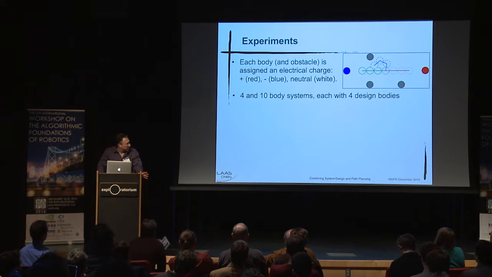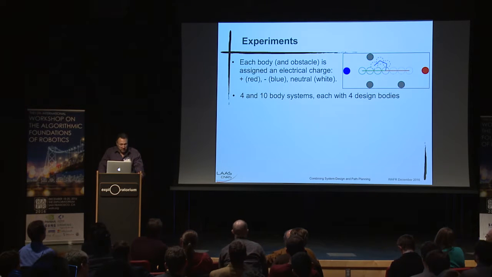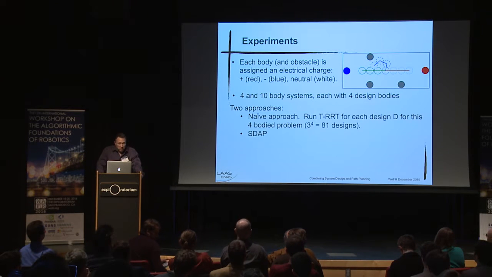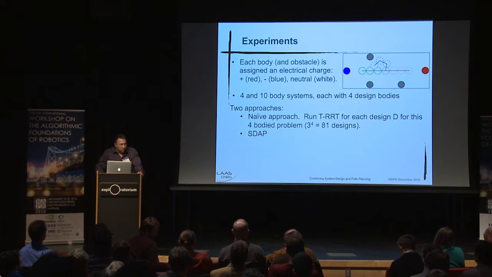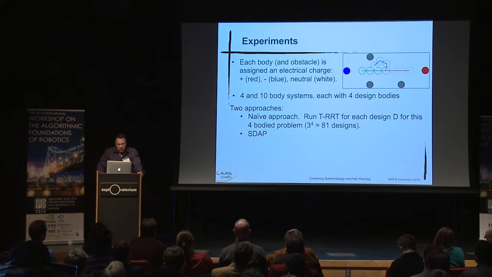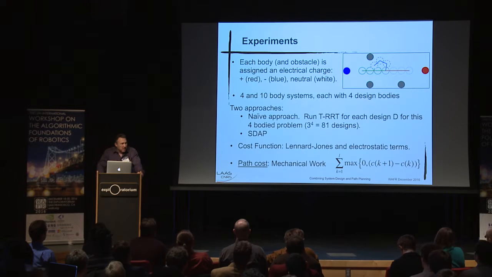But both systems we tested have only 4 of the features that are going to be designed. To benchmark this, we used a naive approach, which was basically to brute force our way through all the different designs, 81 of them, and you use normal TRRT, and then we used our algorithm as well.